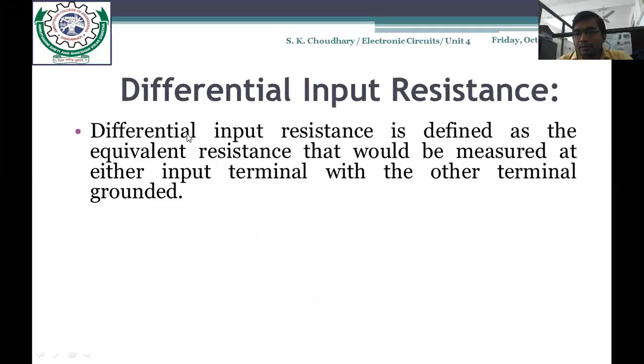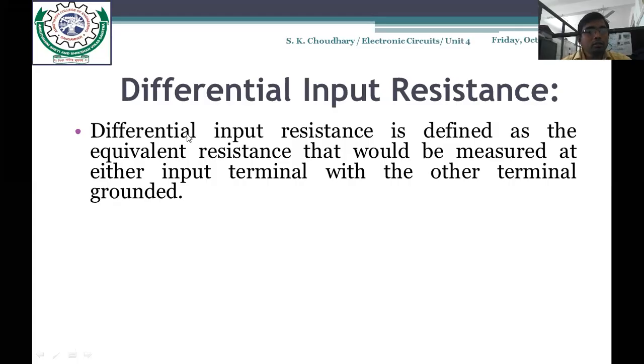Differential input resistance is defined as the equivalent resistance measured at either input terminal with the other terminal grounded. How can we calculate the input resistance in this configuration? There are actually two input resistances, because there are two transistors, Q1 and Q2.